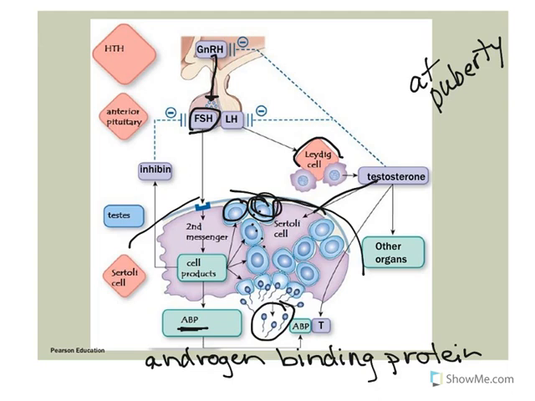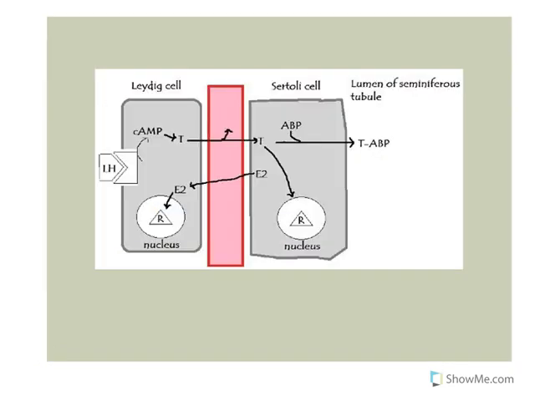Now, I do want to mention something else in regards to that Sertoli cell. Besides making that androgen binding protein that binds to testosterone, the Sertoli cell also contains aromatase. And so some of the testosterone produced by the Leydig cell will actually be converted to estradiol.